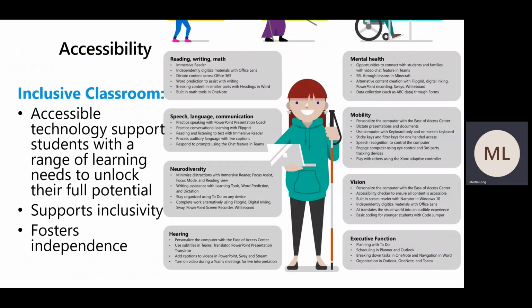Thinking about how accessible technology is, it really does support inclusivity and it fosters that level of independence. It covers many areas of the curriculum, whether it's tools that are specifically focused on English with reading and writing, or developing speech and language, right the way through to how they could help support mental health and well-being.